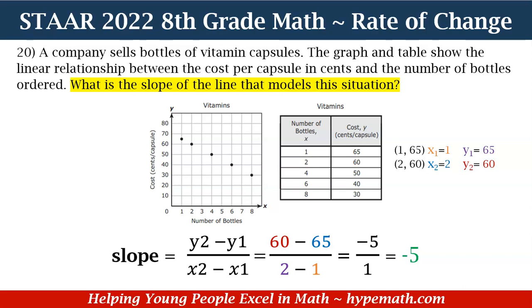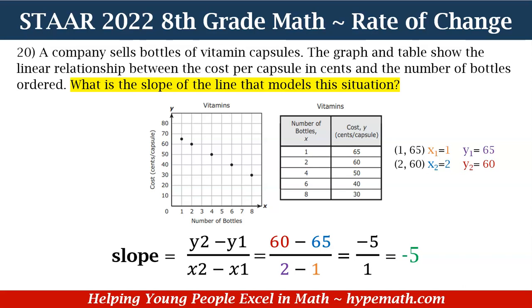So we're going to use (1, 65) and also (2, 60). X1 is equal to 1, Y1 is equal to 65, X2 is equal to 2, and Y2 is equal to 60.